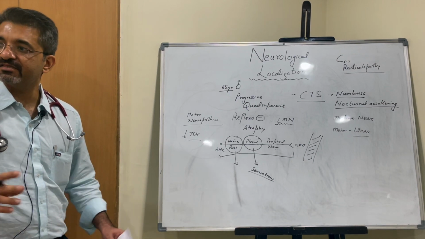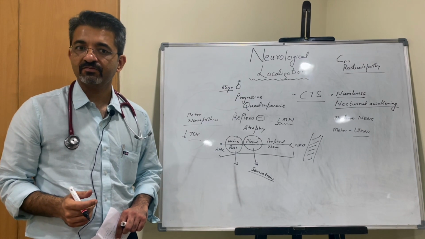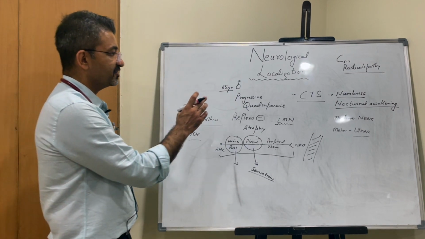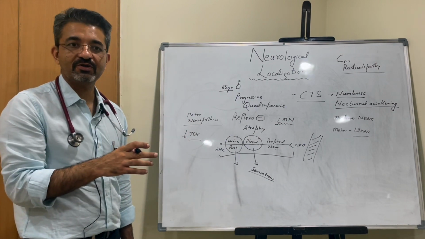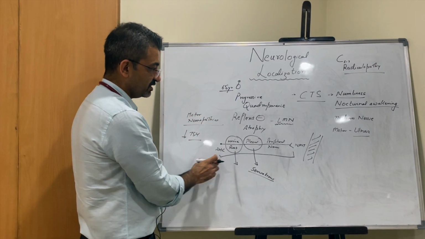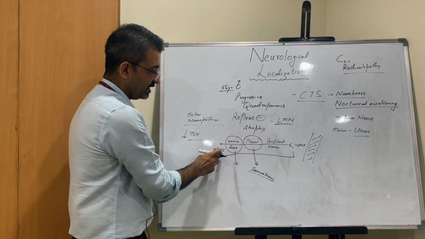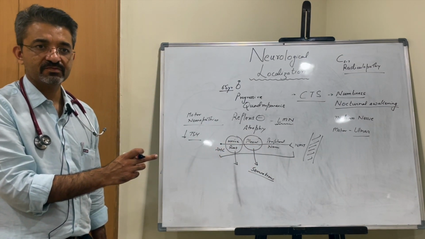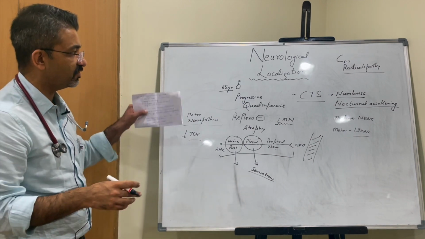You don't have any sensory problem. The only problem is quadriparesis. So whenever you encounter a patient where the findings are in favor of lower motor neuron, try to fix your lesion in these four: peripheral nerve, plexus, nerve root and anterior horn cell. It applies to your upper limbs also. We are just taking an arbitrary example of lower limbs.